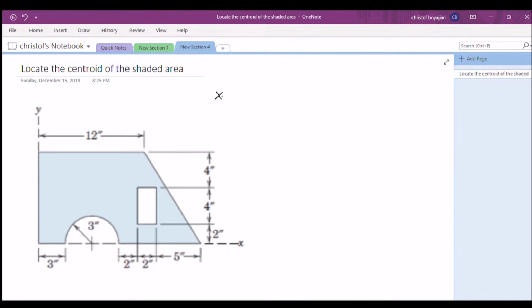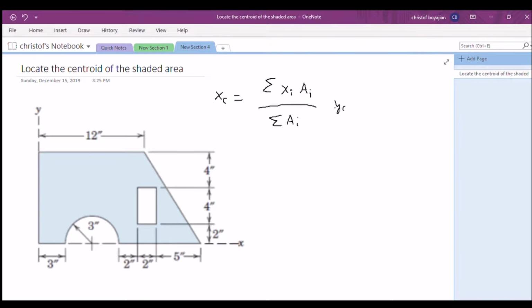So the x centroid is the sum of all of our x centroids of each shape that we're dealing with times the areas, all divided by the sum of the areas of all the shapes we're dealing with. And then the same thing applies for y.